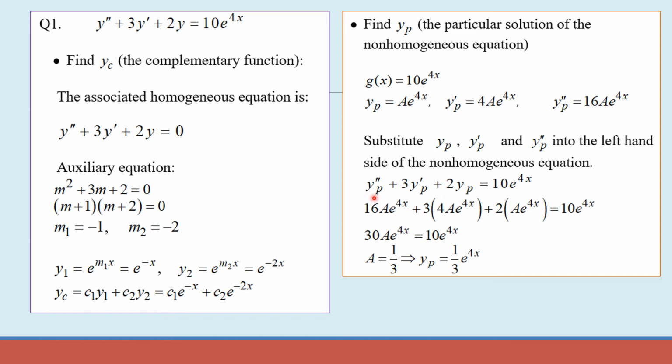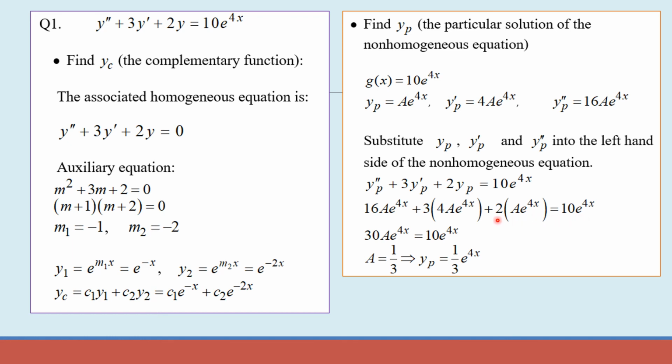So yp double prime plus 3yp prime plus 2yp equals 10e to the 4x. Substitute yp double prime, which is 16A e to the 4x, plus 3 times yp prime, so 3 times 4A e to the 4x, plus 2 times yp, which is 2 times A e to the 4x, equals 10e to the 4x.